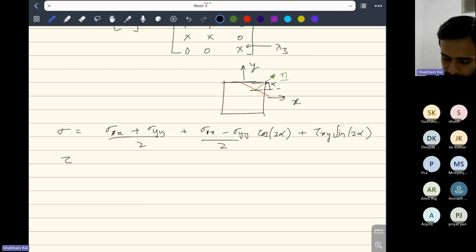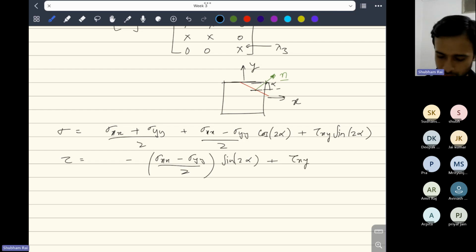And the shear stress will be given by minus (sigma xx minus sigma yy)/2 times sin 2 alpha plus sigma xy cos 2 alpha. Okay.